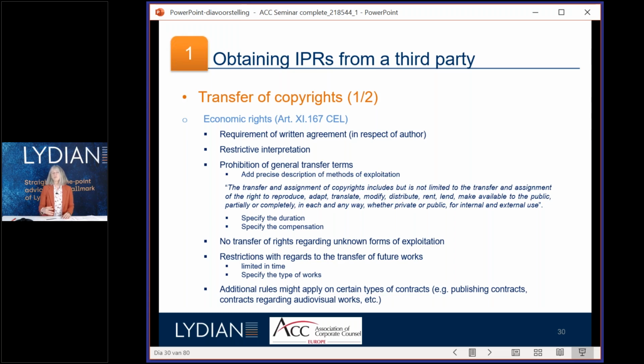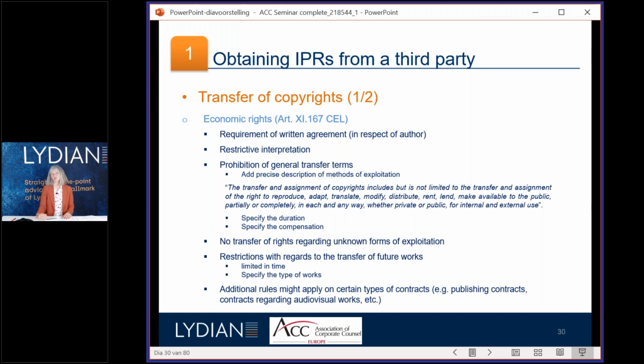So if you provide for the transfer of rights regarding the reproduction of a work, the modification of a work, the right to distribute, it does not necessarily imply the translation. So for instance, if it's a written work in French or in English, then it does not imply that you have the right in another language.